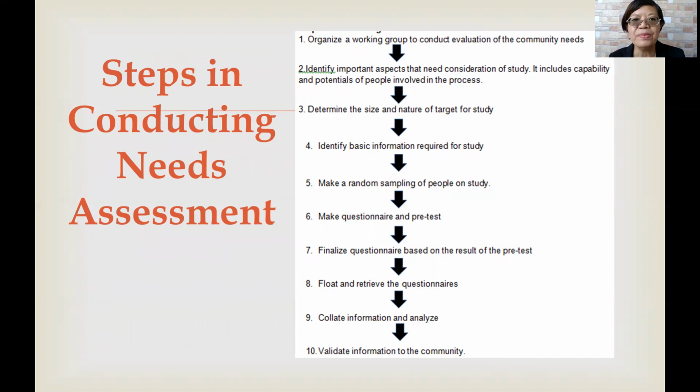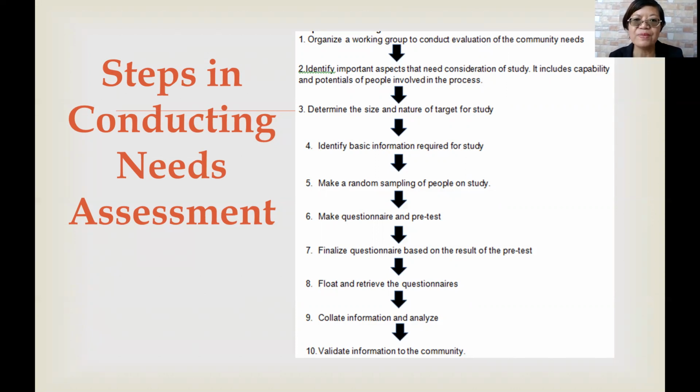Number one, organize a working group to conduct the evaluation of the community needs. An example of a working group is your group in NSTP or CWATS. Second, you identify the important aspects that need consideration in the study. Take note that a needs assessment is a kind of research.